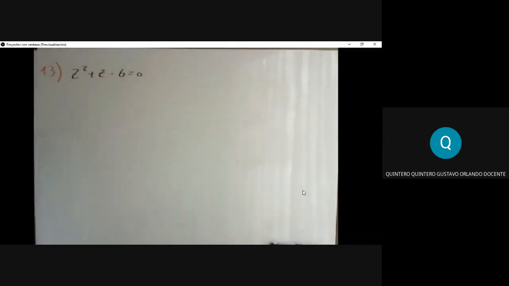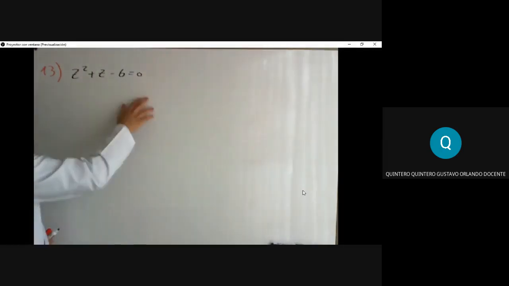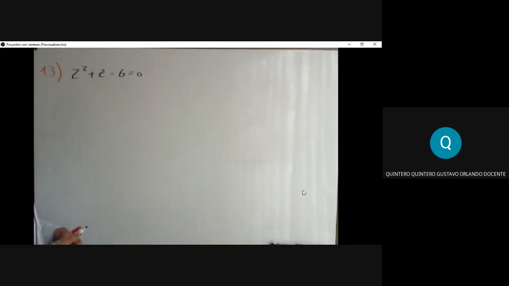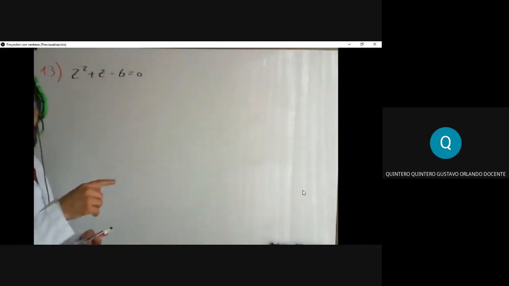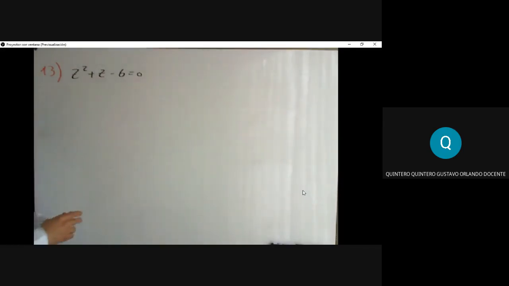We cannot apply any type of property or rule to remove those additions and those subtractions. So this is an example of an equation that we cannot solve with the square root method. Meaning we are going to have to factorize in here.